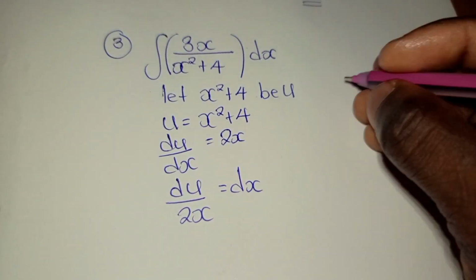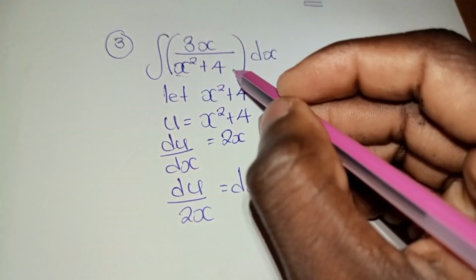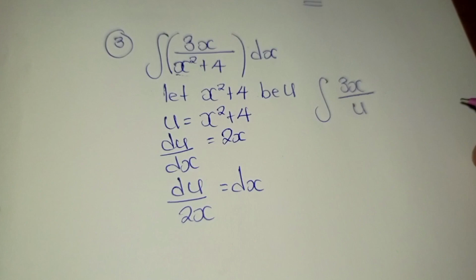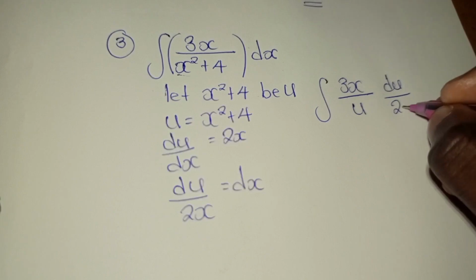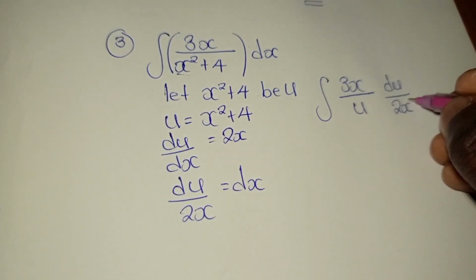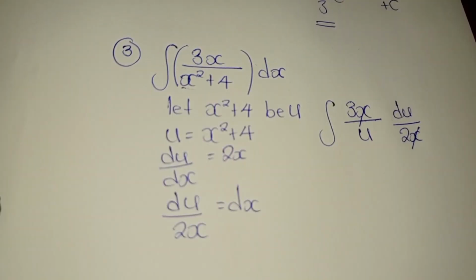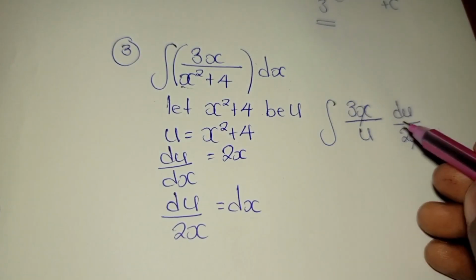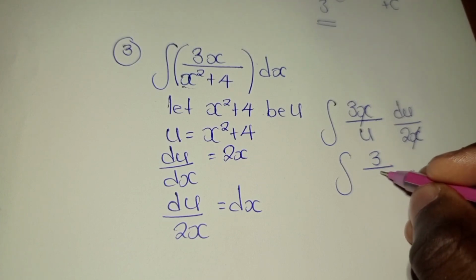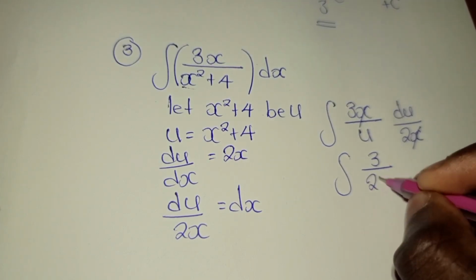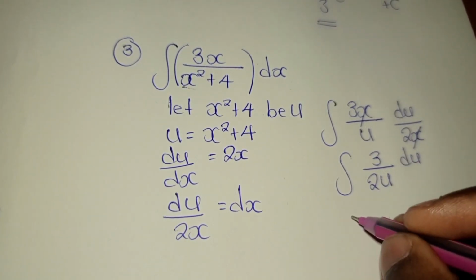So our main interest is to find the integral of this function, where we had to let the denominator be equal to u, where dx in this case is equal to du over 2x, where x and x can cancel. Then from here we can say 3, then we multiply 2 times u, that is 2u du. Then these coefficients can come outside the integral.